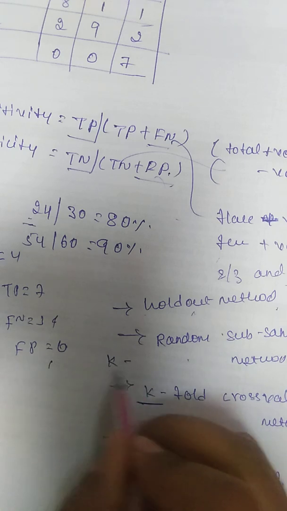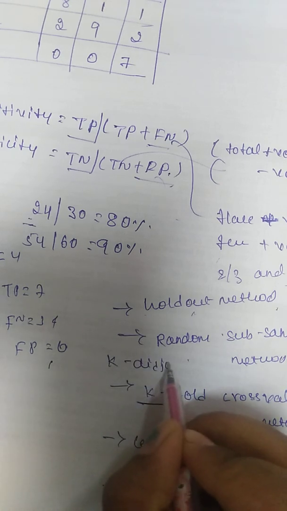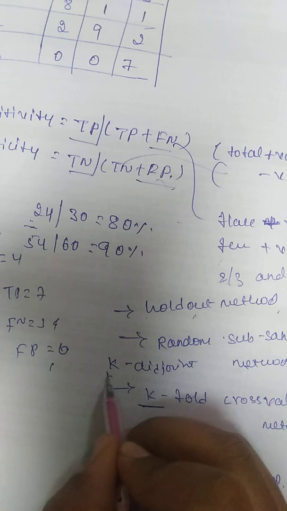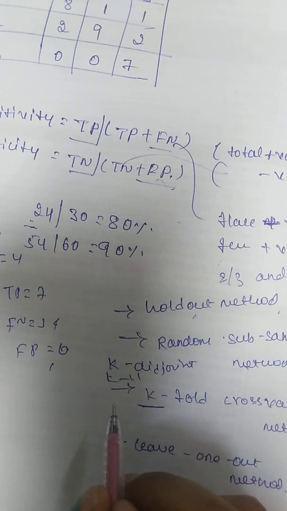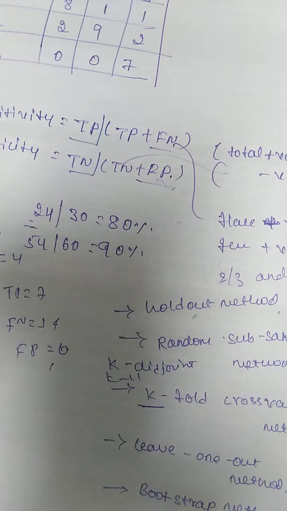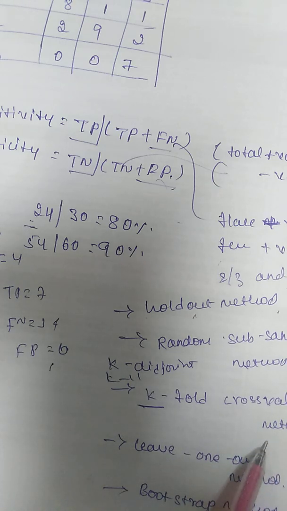K means it is disjoint. The classifier is tested in cross validation. It is used when sufficient data is available in the k-fold cross validation method.